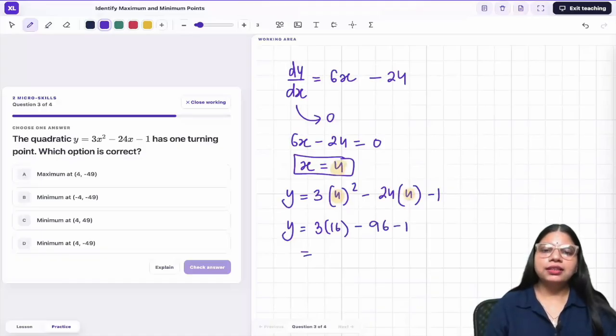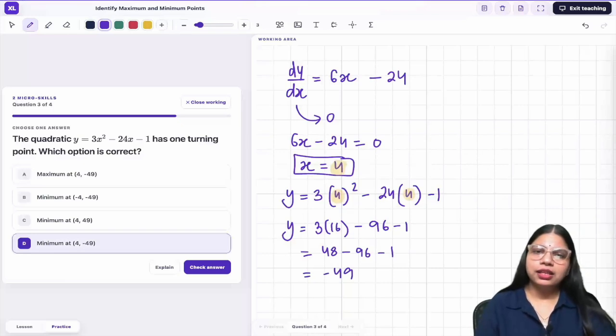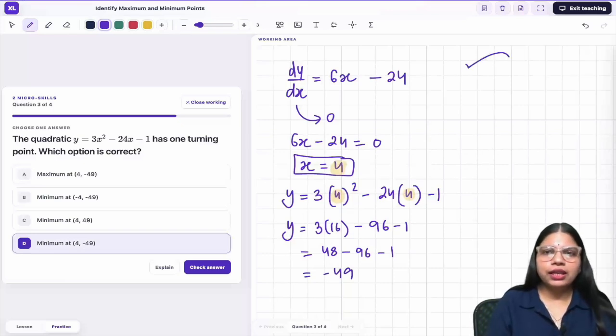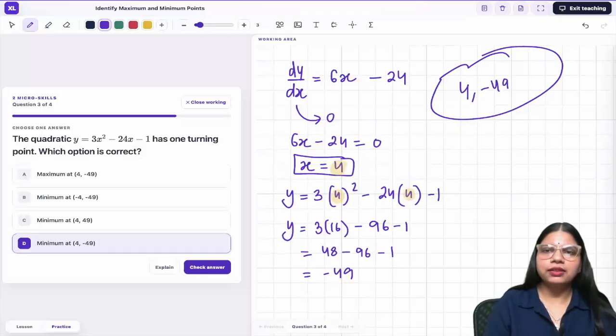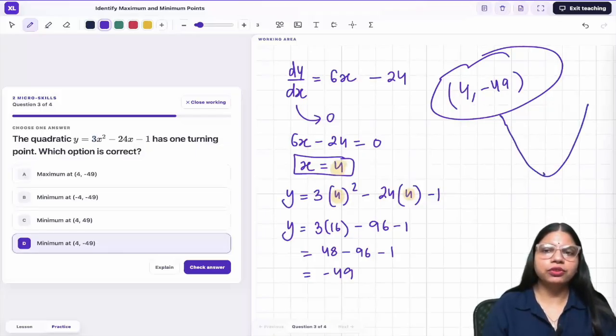That gives us -49. So overall, we get (4, -49) as the coordinates of the turning point. Let's check.